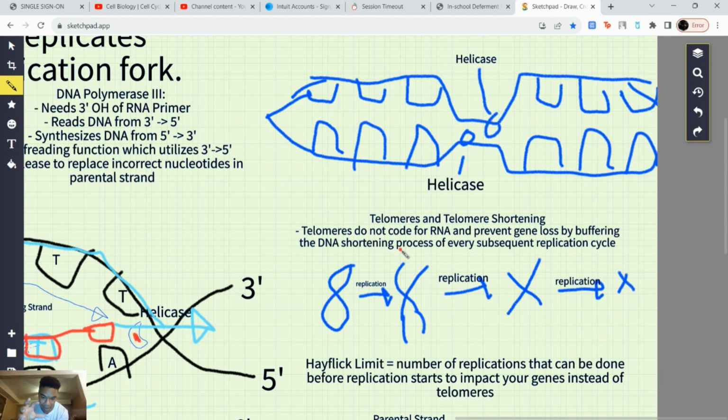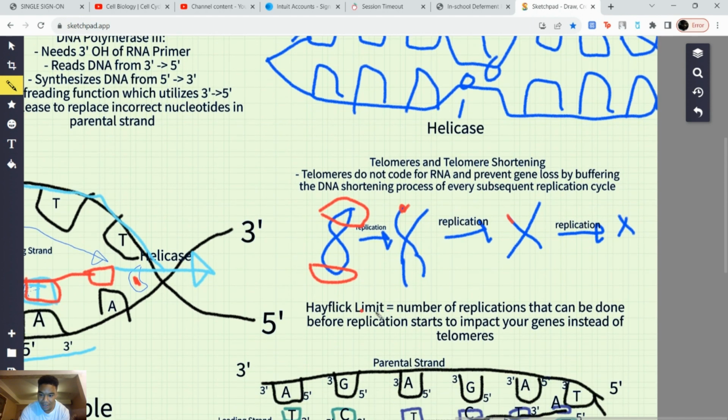At the end of the genomic sequence, you have these telomeres. Every time you replicate, they get shorter. If these were the telomeres, every time you replicate, they get shorter and shorter until they're gone.